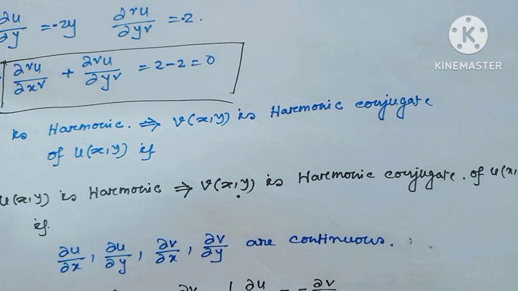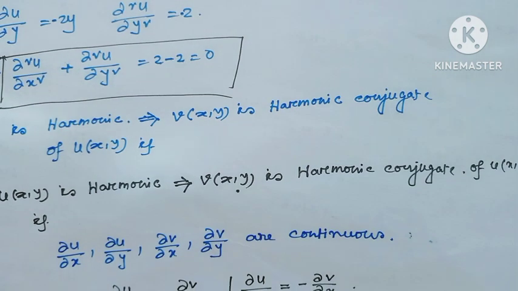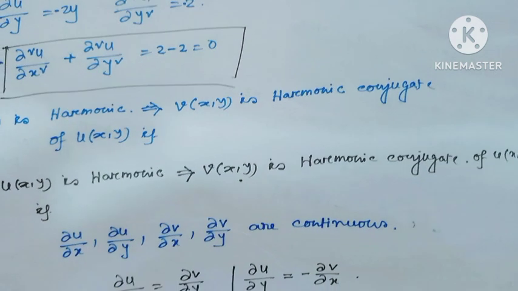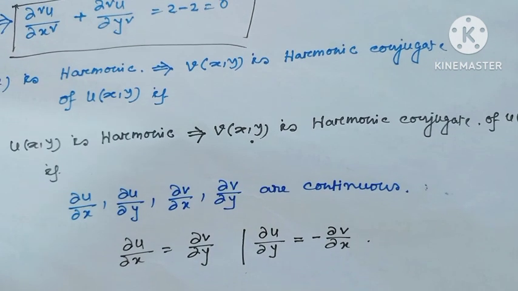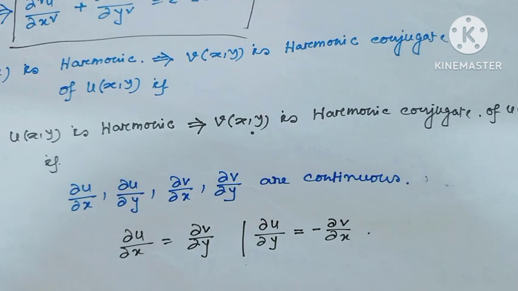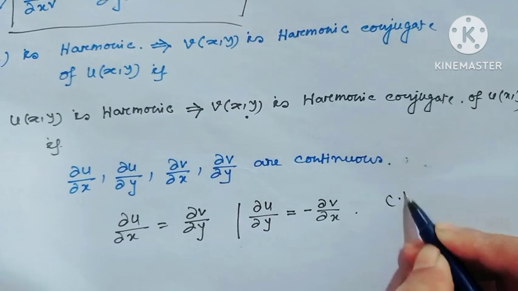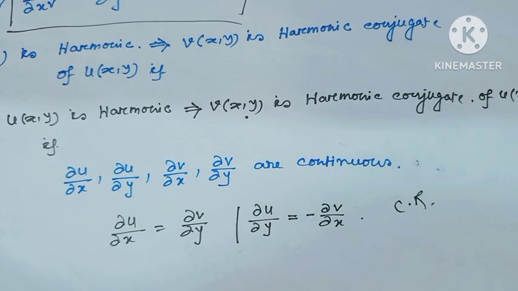Since harmonic implies analytic, that means the function is differentiable at a point A. Analytic at a point A means it is differentiable in a whole neighborhood of A. And since the function is differentiable, it satisfies the CR equations and all partial derivatives are continuous.